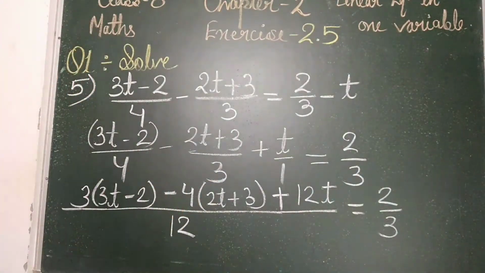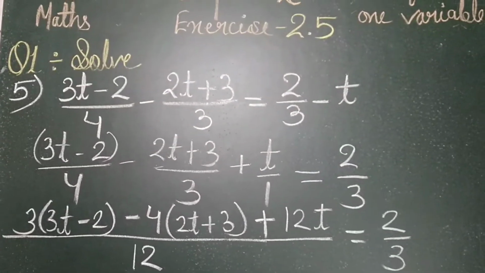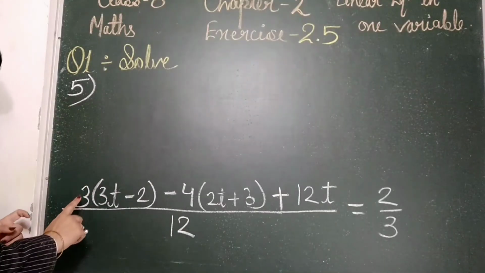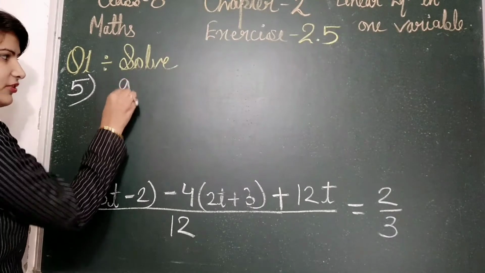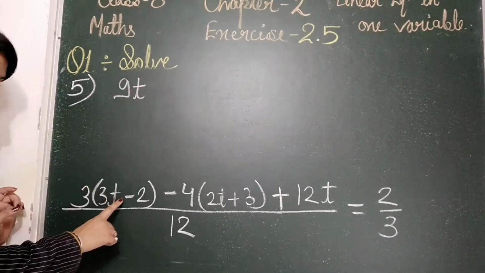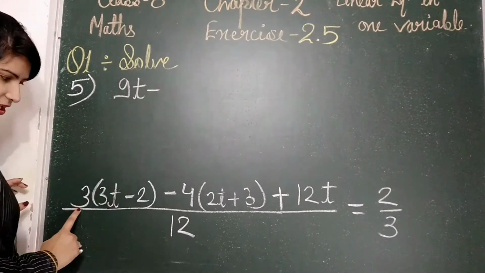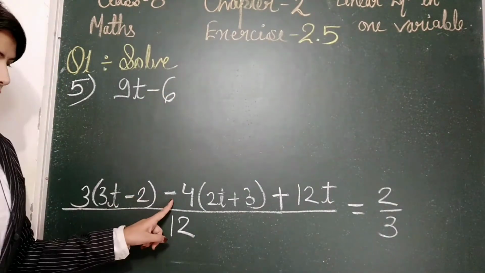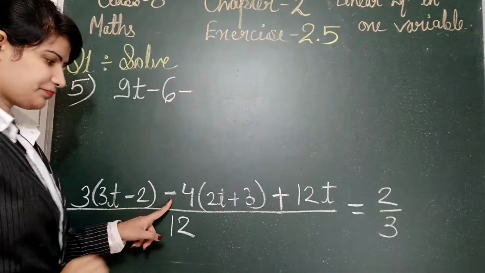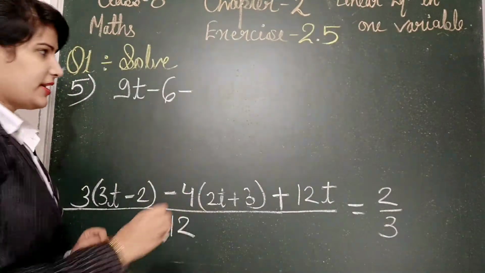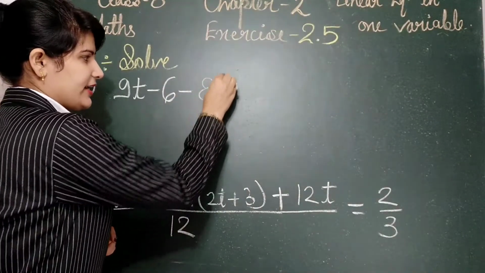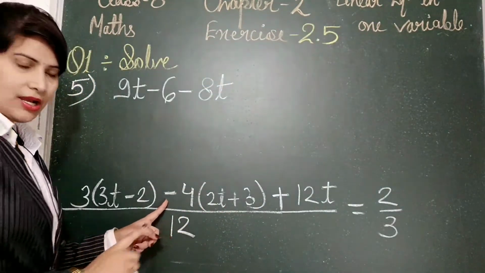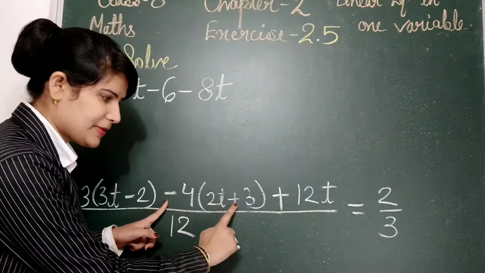I am going to rub the board because there is no space. Now in the next step I am writing 3 into 3t, 3 3s are 9, minus as it is, 3 into 2 is 6. Now this minus as it is, 4 into 2 is 8, 8t. Now look at this. Here is a minus sign and here is a plus sign.